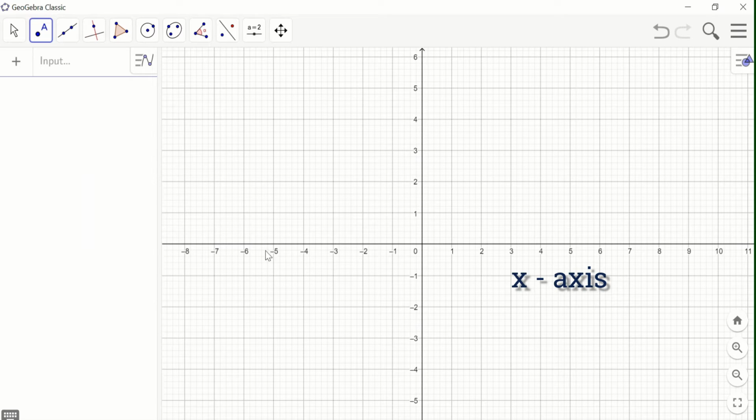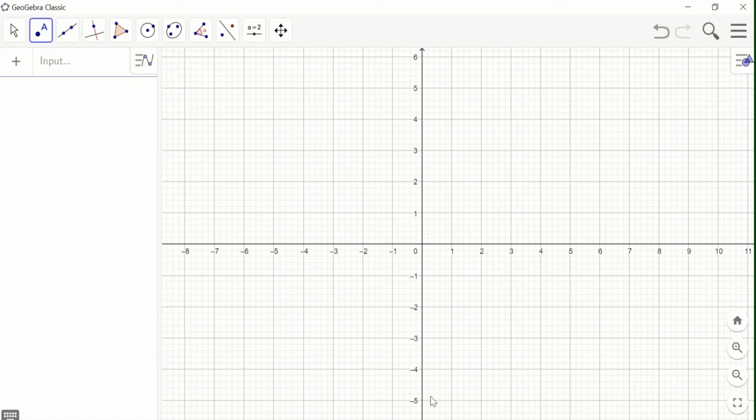This means the horizontal line is continuous, extending further to the right and further to the left, so the numbers continue. So that's the horizontal line, our x-axis, in which our x values are taken.